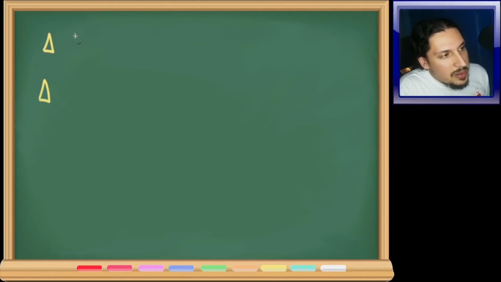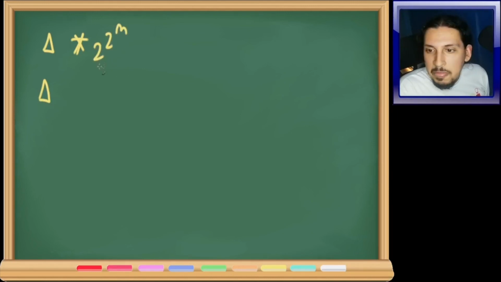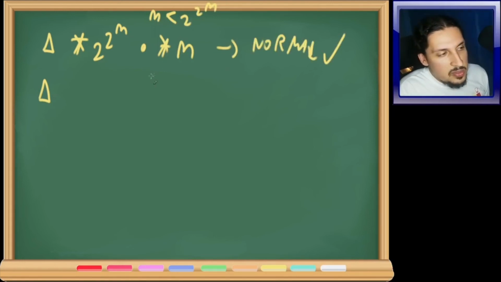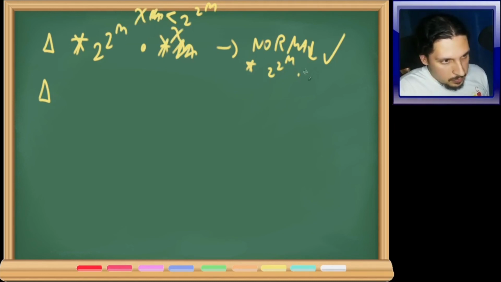If you have a Fermat power, a Fermat number that has the form 2 to the 2 to the n, and you multiply this pile with anything smaller, so x is lower than 2 to the 2 to the n, then the result is the normal multiplication. So star 2 to the 2 to the n times star x is star of 2 to the 2 to the n times x.